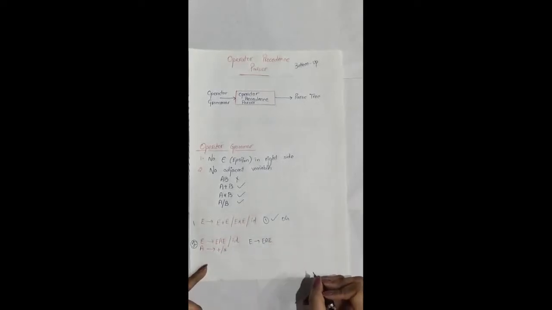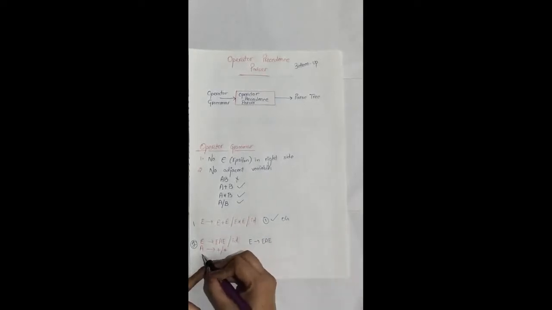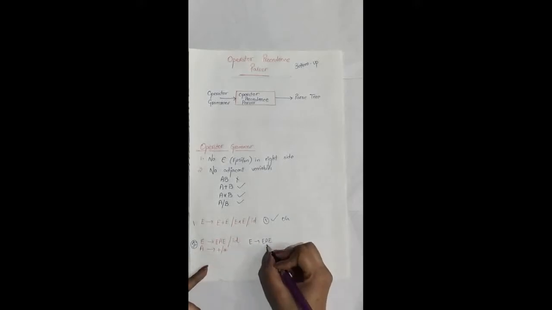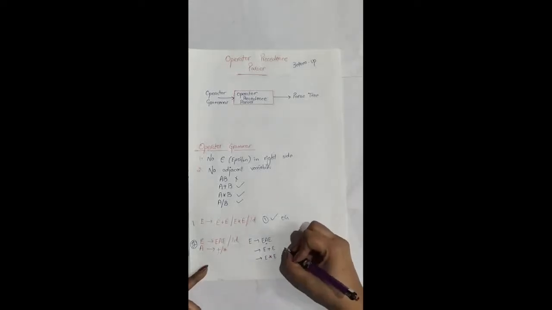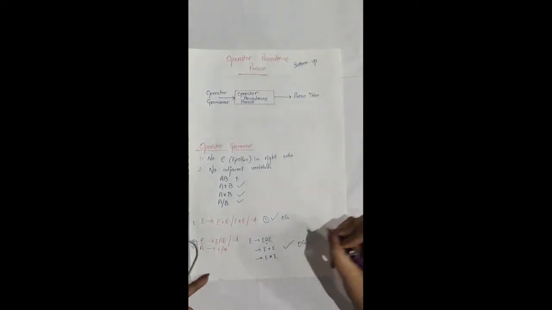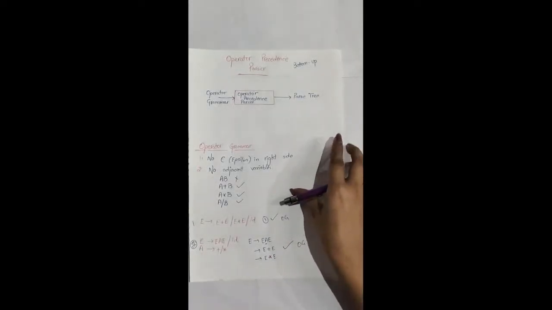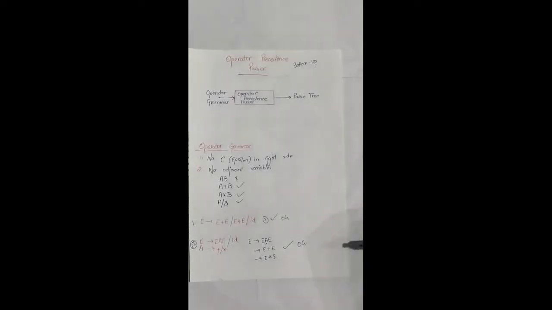But we have another production rule, A to plus and asterisk. If we substitute this A with these two production rules, then we'll get E to E plus E, or E to E asterisk E. So this is also an operator grammar. Clear?